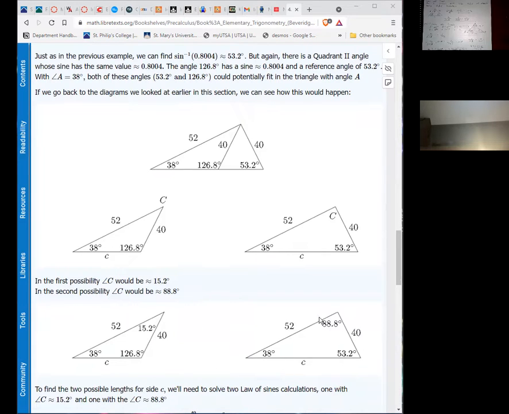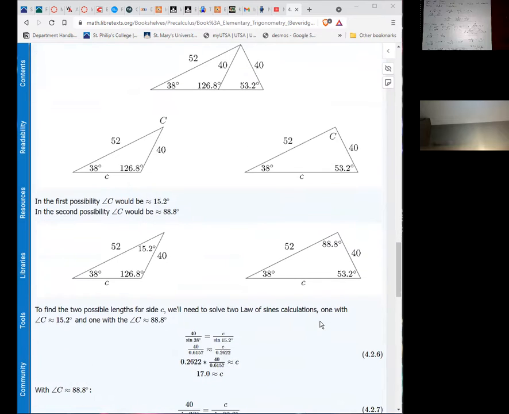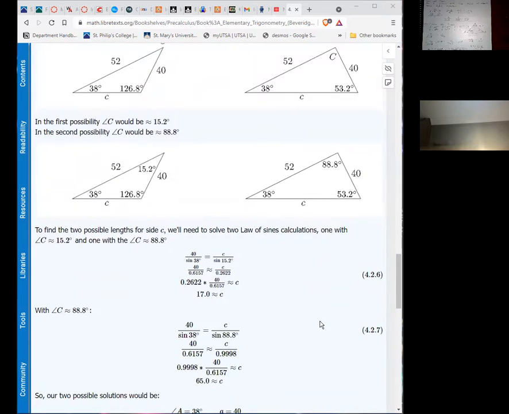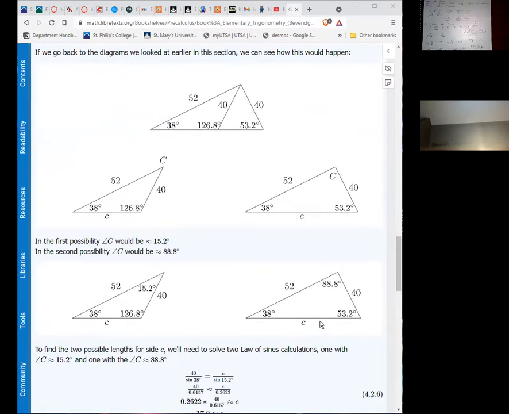Some things are fixed, but some of the angles will have two solutions. Usually the given angle will be fixed, but the ones you solve for will have two sets, if there is two triangles. Okay, does that make sense what I'm trying to say? Trying to make sure you see the picture.